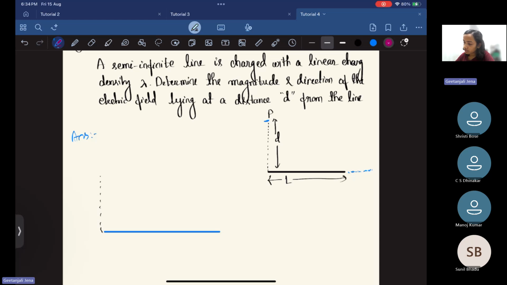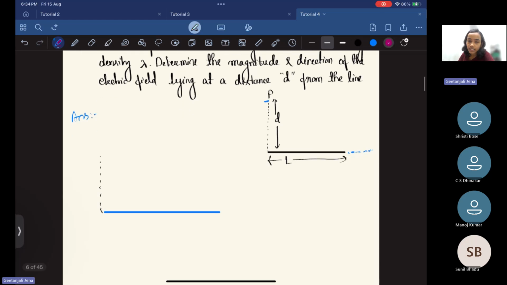So for this, what is the usual procedure? First you need to take a small charge element. From the origin, let us say at distance x, you have a small charge element dx.